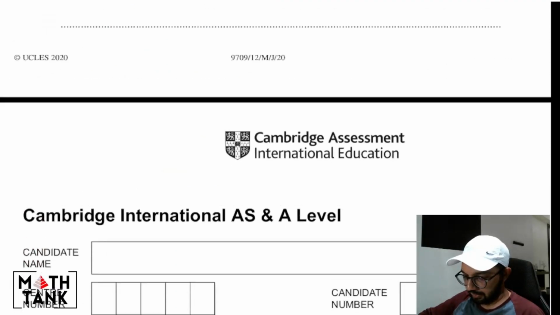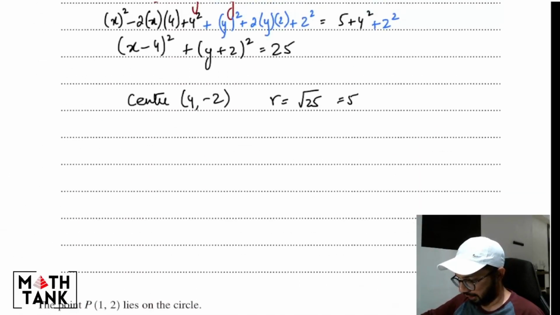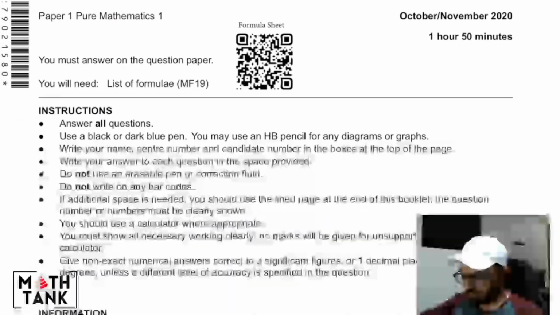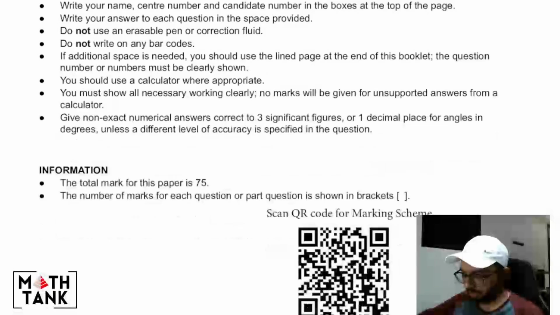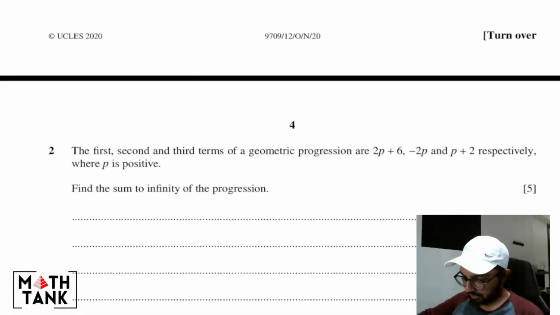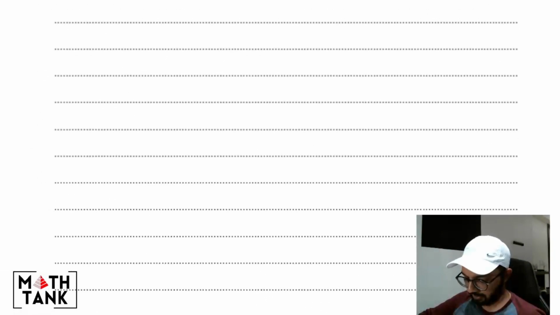Okay, that's the end of that question. Again, a long question. Let's see how many marks. 5 and 6. Again, an 11-mark question. So a large part of your exam. October, November 2020. Let's quickly go on and see what's there. Let's look for the equation of circles question.